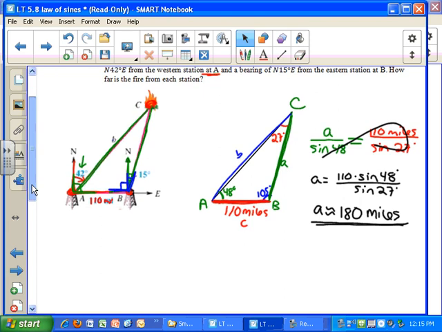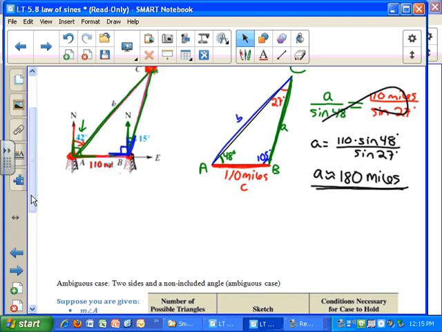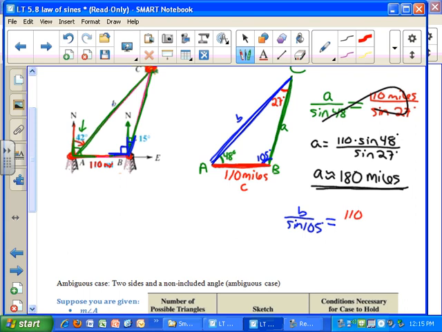And then to solve for side length B, we have to use side B and angle B. So I will say that B over the sine of angle B has to equal, and again, we can use either one now because we know both for C and both A's. But because that one is a little bit more accurate, I will use the 110 miles over the sine of my 27 degrees.